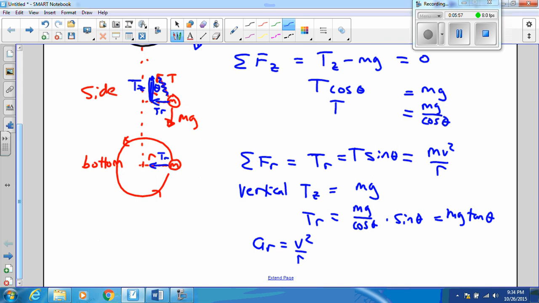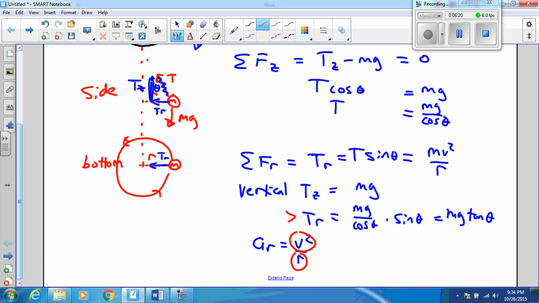But the problem with this answer is that it gives values that are not originally given to us in the problem. I could find those values, but that seems like a pain in the neck. So I look around and see, is there any other way that I can find the acceleration in terms that are given to me?